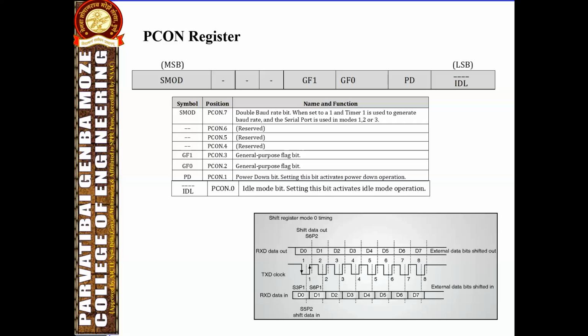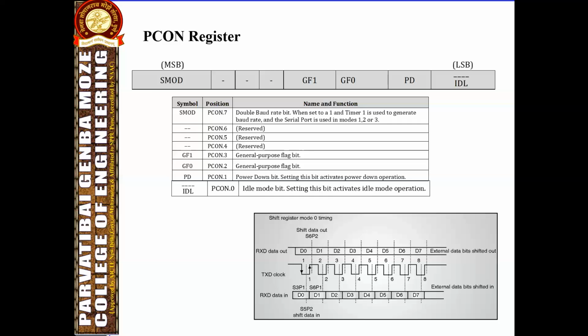Mode 1 is a full duplex mode. It supports 8-bit asynchronous communication. Whenever there is a change in the data, 1 is transmitted, otherwise 0 is transmitted. Although the data is 8-bit, the number of transmitted bits is 10, that is, 1 start bit, 1 stop bit and 8 data bits.